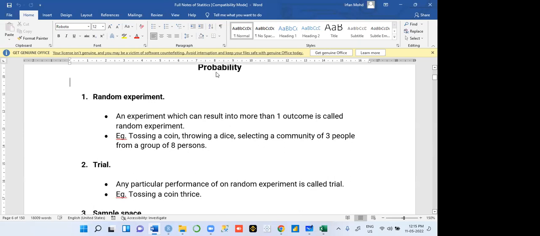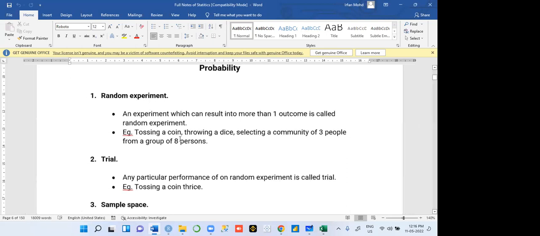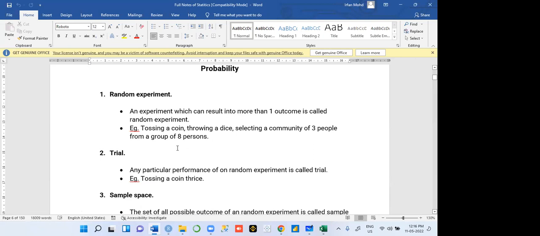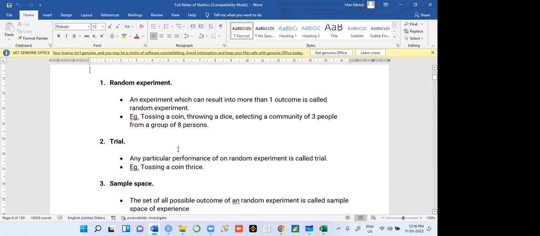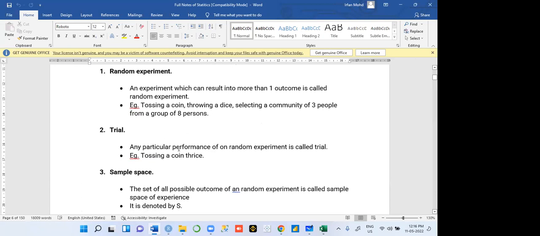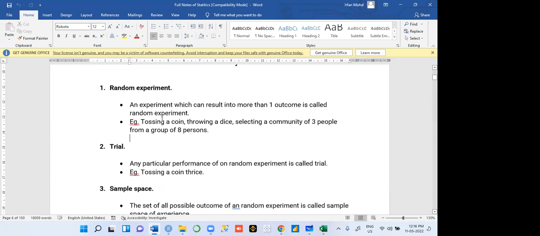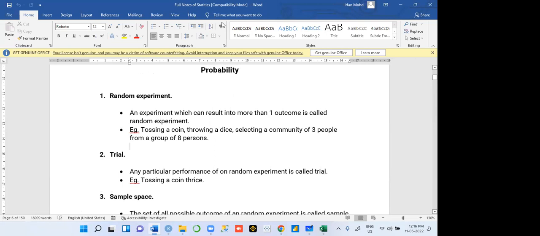Sir, please share on the drive also. You have to write this. We will write, sir, for further reference in case we don't understand. Madam, it is only 20 lines. You need to write. Okay.